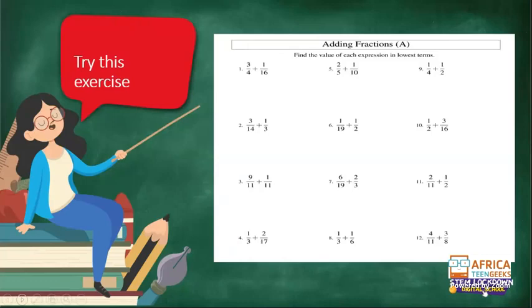All right, so let's move to the second one. So for the second one, we have 3 over 14 plus 1 over 3. Thank you so much, JD, for that calculation. Thank you. Much appreciated.